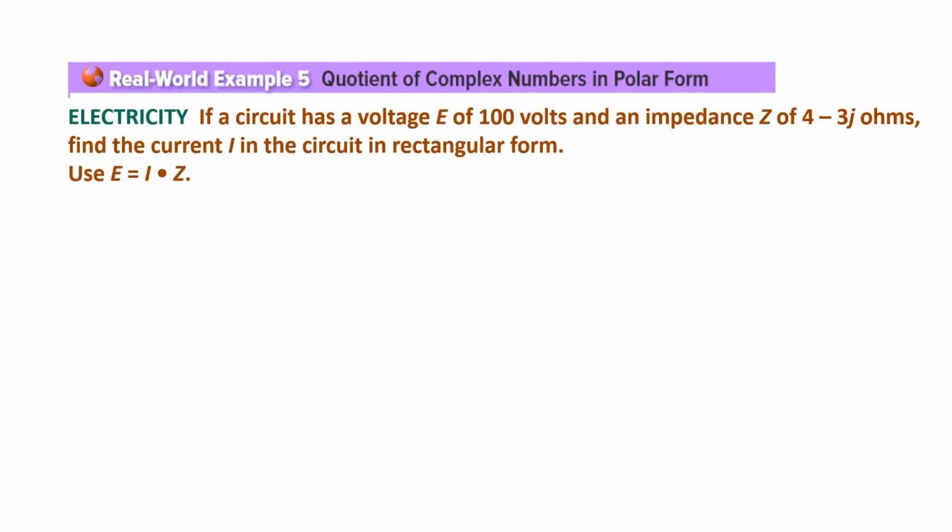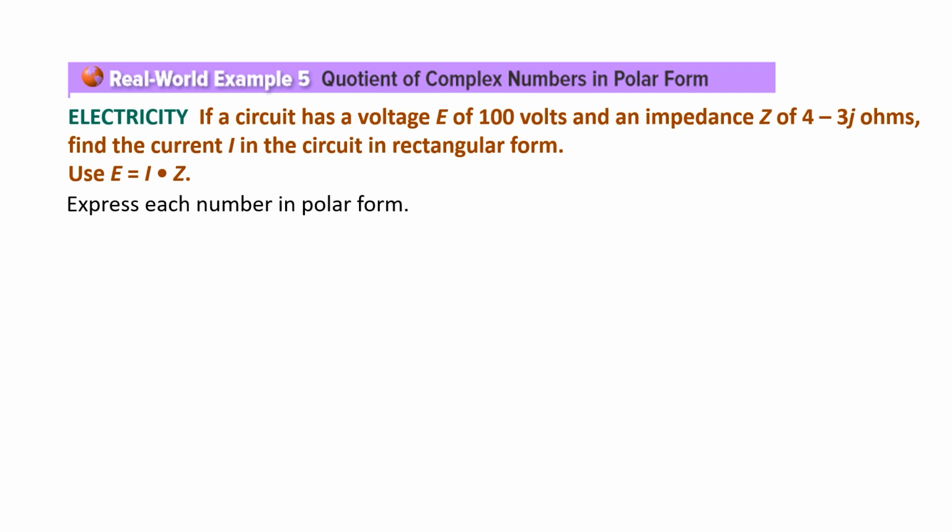Let us now look at a real-world example where we need to find the quotient of complex numbers in polar form. If a circuit has a voltage E of 100 volts and an impedance Z of 4 minus 3j ohms, find the current I in the circuit in rectangular form, and we use the formula E equals I times Z. So to begin with, we express each number in the polar form.